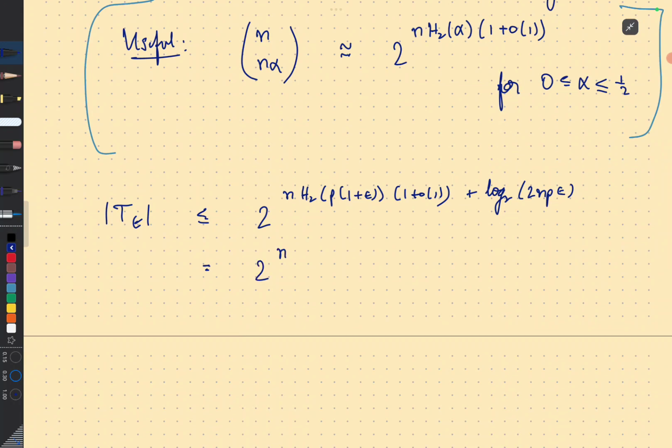So this quantity is 2 to the n times the binary entropy of P times 1 plus epsilon, 1 plus little o of 1. Any questions?